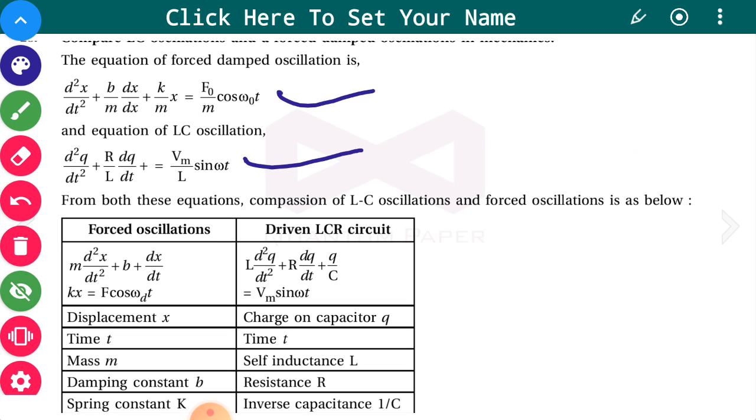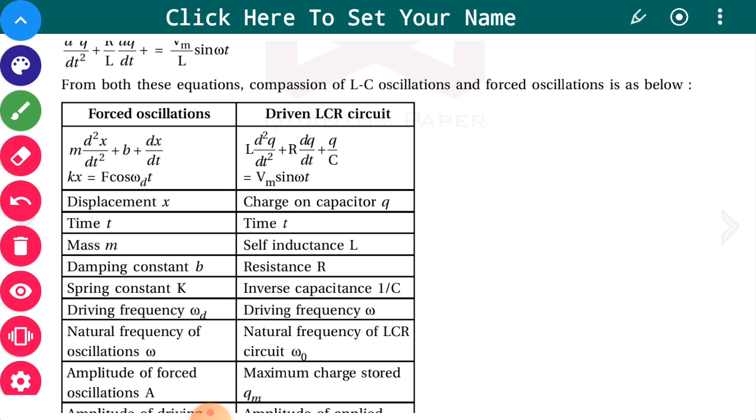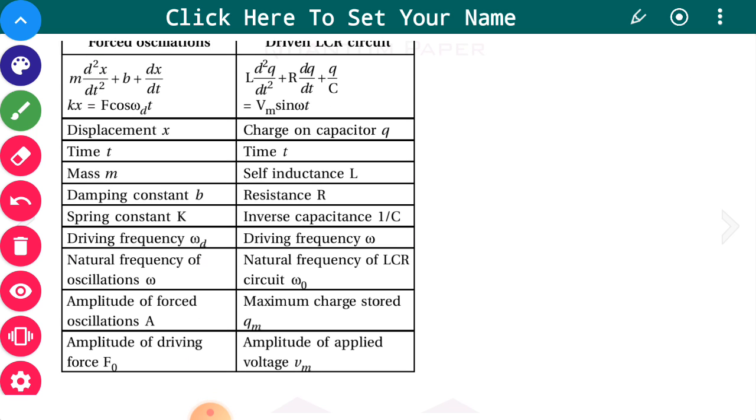First of all, their equations are shown, then displacement x corresponds to charge q. Time t is the same. Then mass is replaced by self inductance, the damping coefficient b is replaced by resistance r, and spring constant k is replaced by 1 upon C.